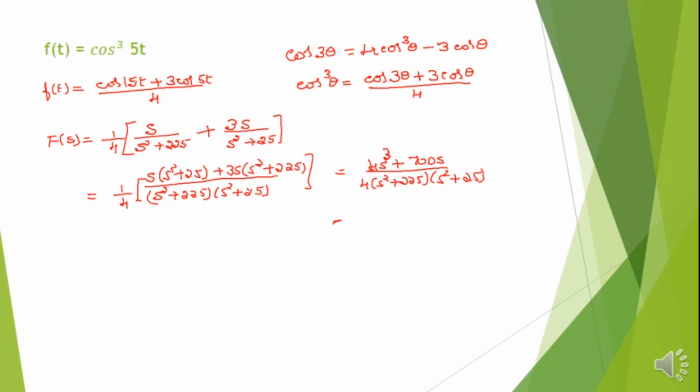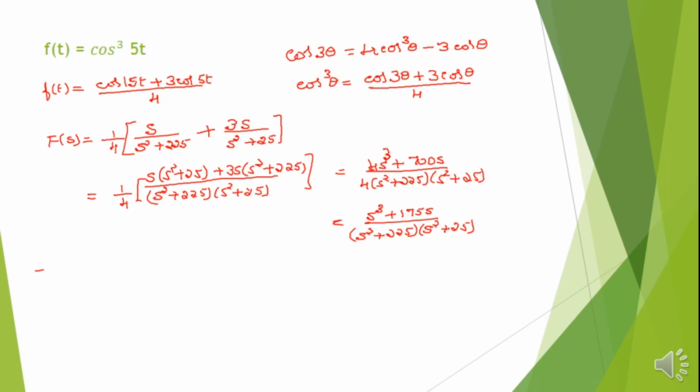So it is equal to s cube plus 175s divided by s square plus 225 into s square plus 25. So this is the Laplace transform of cos cube 5t.